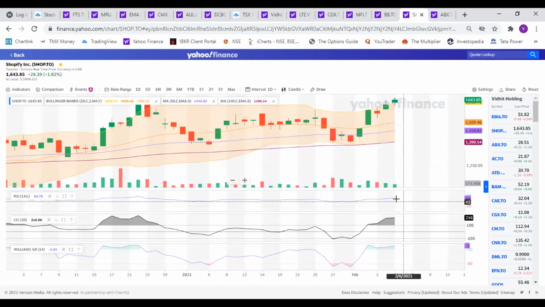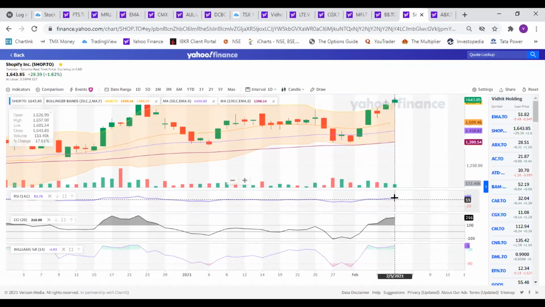Now look at RSI. RSI is currently at 63.78, which is nearing the overbought position, which is 70. Anything above 65, it's time to move out of that stock. Now look at it in conjunction with the Bollinger Band. Your RSI is almost at the overbought position, so there is a correction expected.